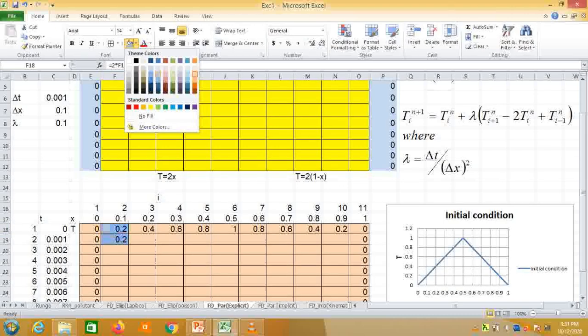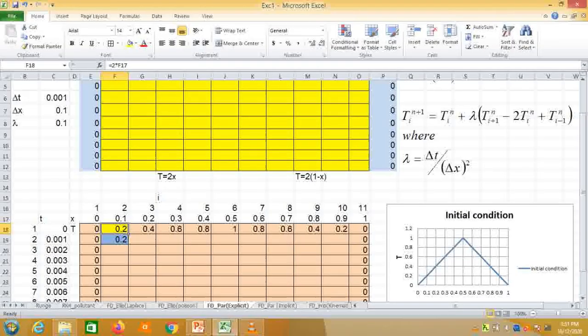This one is T_i^n. Along the nth time axis, we are looking for the i plus 1 spatial node, which is this one, 0.4.